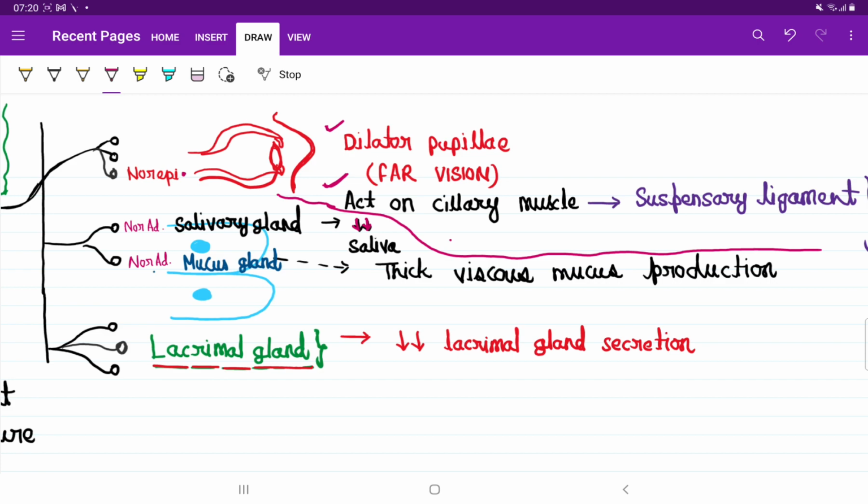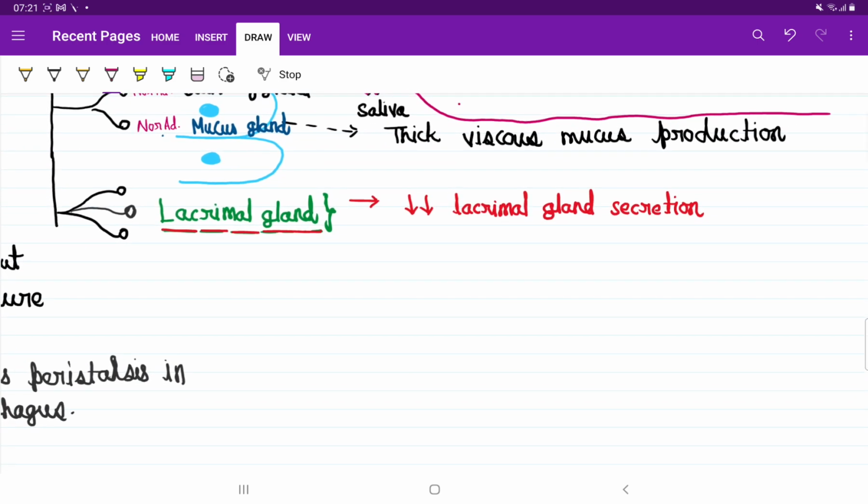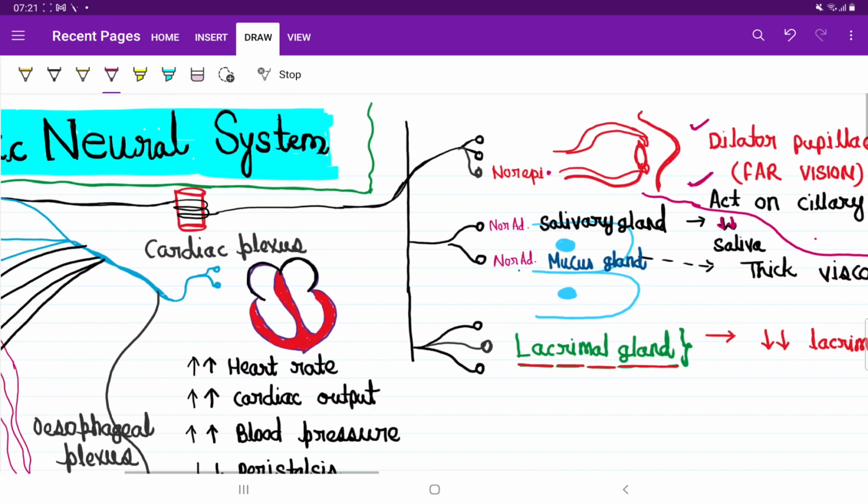So thick, viscous mucus production will be there, and they will act on our lacrimal gland also, and they will decrease secretion of the lacrimal gland. Thick viscous mucus production, salivary gland, less saliva secretion, lacrimal gland, less lacrimal gland secretion.